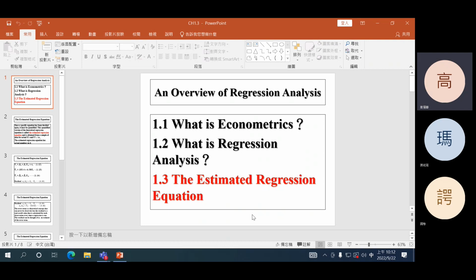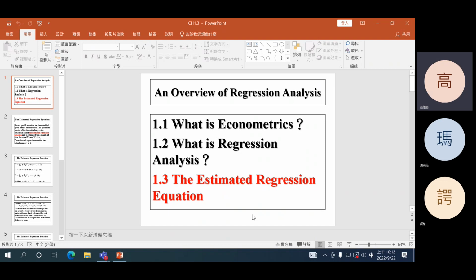Okay, but most of the time we don't have the population. It's not easy to get the population. So actually we collect a sample.